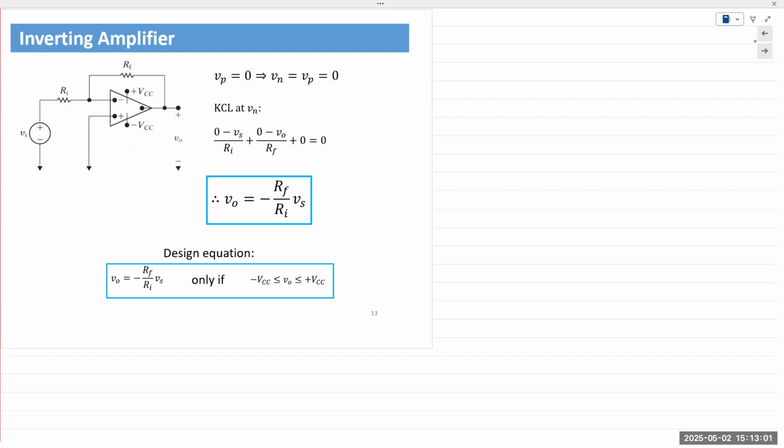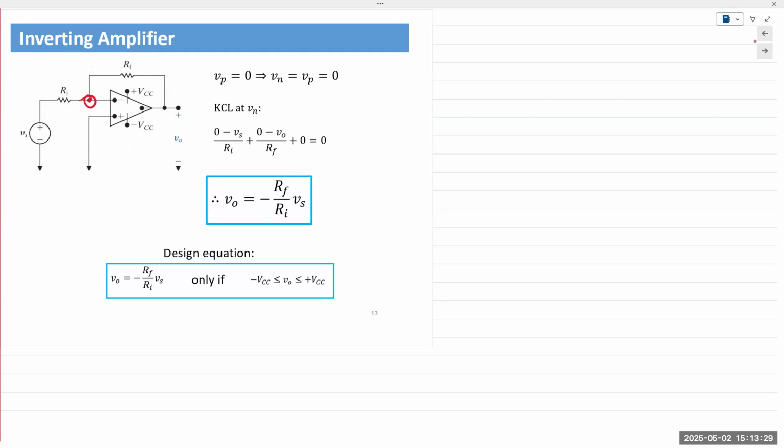So we apply the exact same steps. First, we check for negative feedback. The output is connected back to the inverting terminal, hence negative feedback. So all the other techniques will apply. So we apply KCL at this node. When you apply KCL, we already have our assumptions of virtual ground and virtual short.